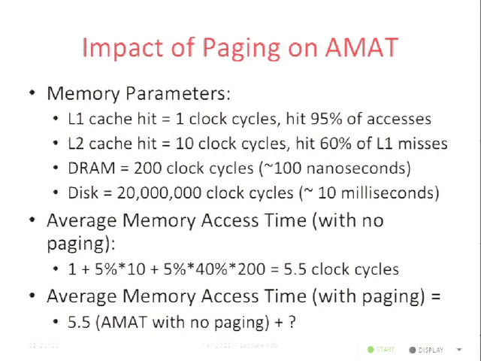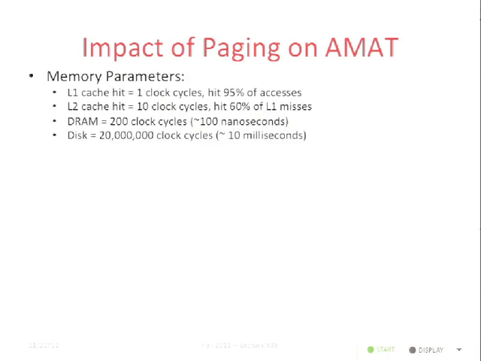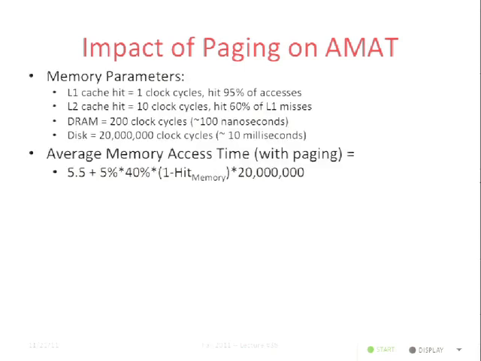So it's basically going to be 5.5 clock cycles plus what? Okay, well, it's going to be plus this. 5% of the time times 40% of the time times 1 minus our hit rate in memory. Okay, so this is basically our memory miss rate.